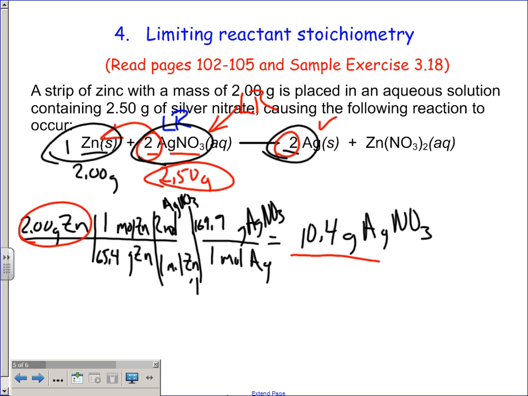We'd have to go from our 2.50 grams of silver nitrate to the grams of zinc, if we wanted to find out how much zinc was used and therefore how much zinc was left over. Well, if we'd guessed right and picked the right substance to go from one to the other, at this point I'd already know how much zinc was used, and I'd do a quick subtraction and I'd be done.